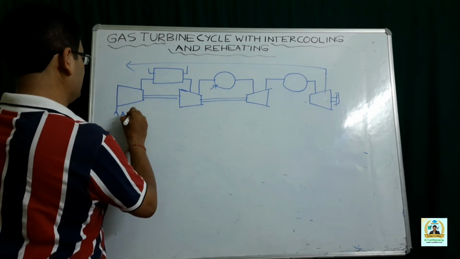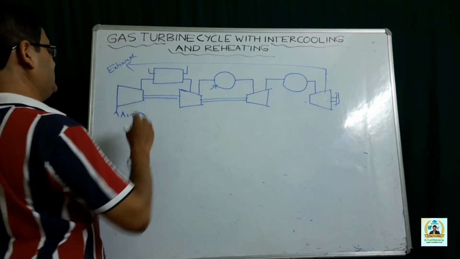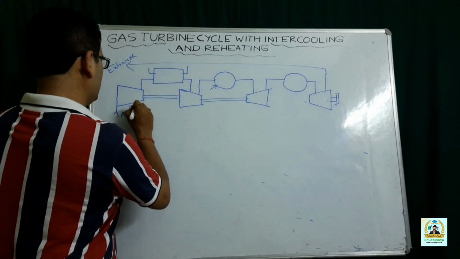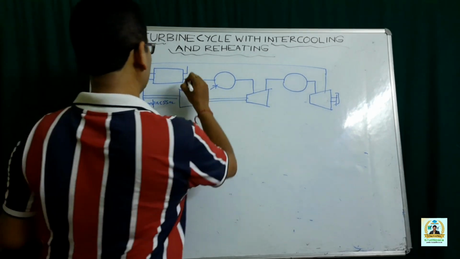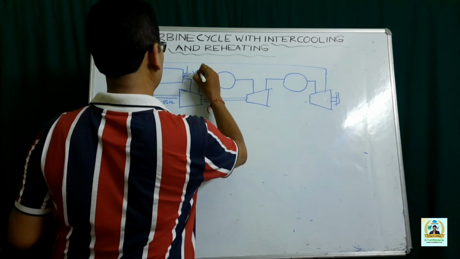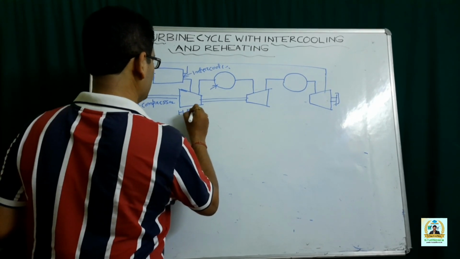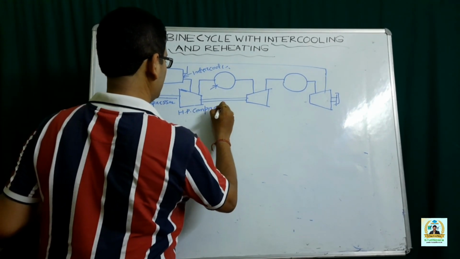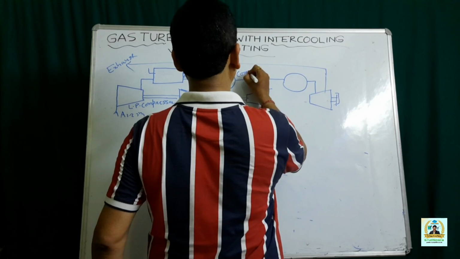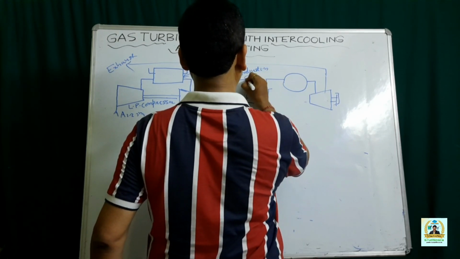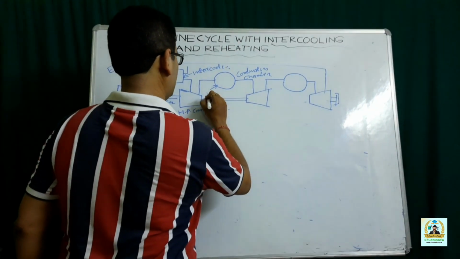So air in, this is your exhaust, this is LP compression, low pressure compression. This one is your intercooler. This is your HP compression. This one is the combustion chamber. Heat and fuel are added.